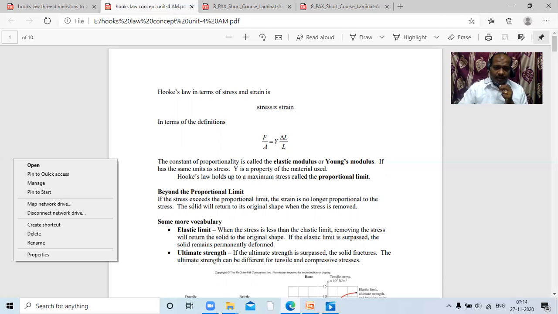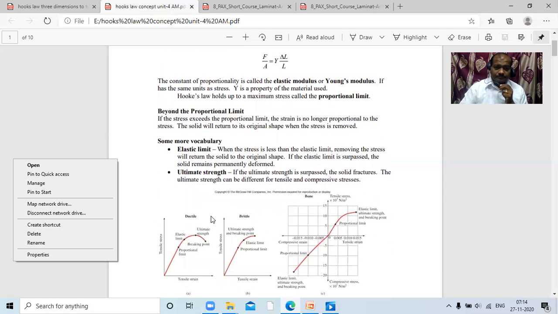Next one is ultimate strength. If the ultimate strength is surpassed, the solid fractures. The ultimate strength can be different for tensile and compressive stresses. We have already discussed this in the previous concept.